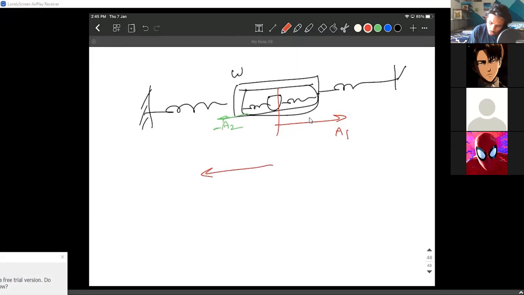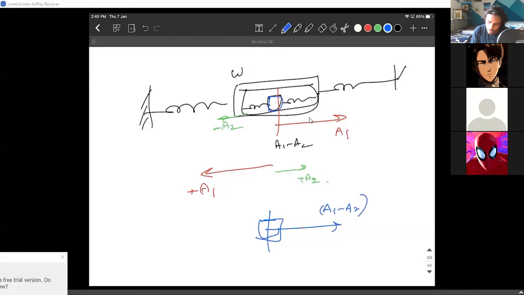When this goes to minus A1, the room will go to plus A2. Because of this constant hustle, they cross each other at the mean position and go to the opposite point. So we can clearly say the resultant amplitude will be A1 minus A2. If I'm only observing the block, it will simply look like it is going to A1 minus A2 and minus of A1 minus A2.